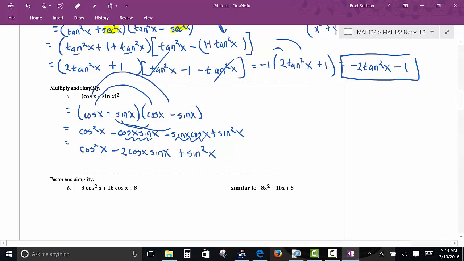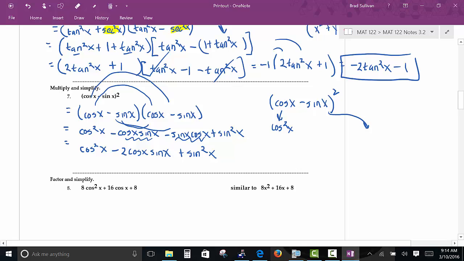That's FOIL. Okay. Now, before I finish this, there is more we can do. You can kind of think about the other thing you can do on here. Let me show you how you could do this in your head. I think the higher up you get in math, particularly if you're going to take calculus, you want to know how to square something like this in your head. The way you square this in your head is you do this. You square the first term. You square the last term.